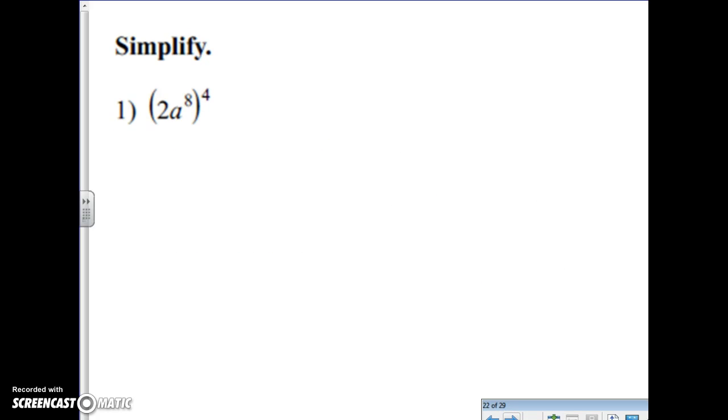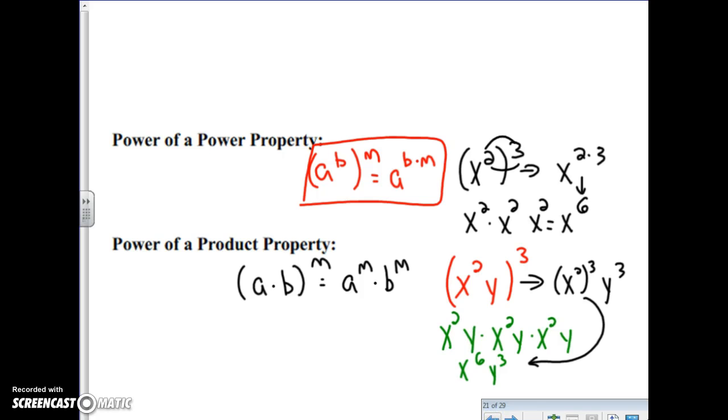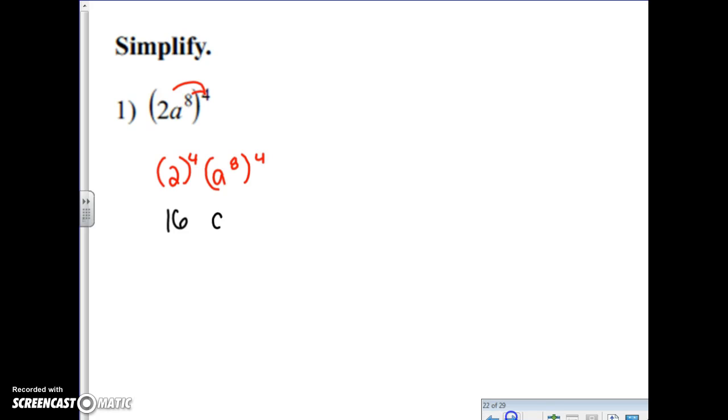So I'm taking 2a to the 8th to the 4th power. So what does this mean? I'm taking 2. Each of these is being taken to the 4th power. So I'm taking 2 to the 4th and a to the 8th to the 4th. Well, 2 to the 4th is pretty easy. 2 to the 4th is just 16. And then I'm taking a to the 8th to the 4th, and using the power of a power property, all I'm doing is multiplying the exponents.